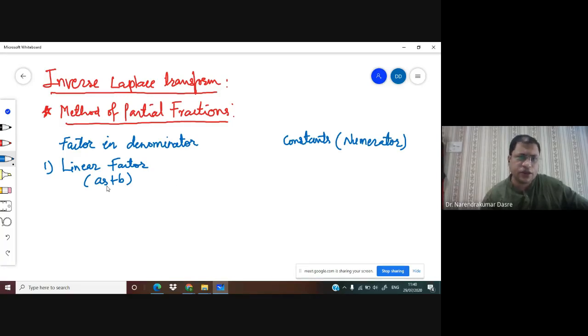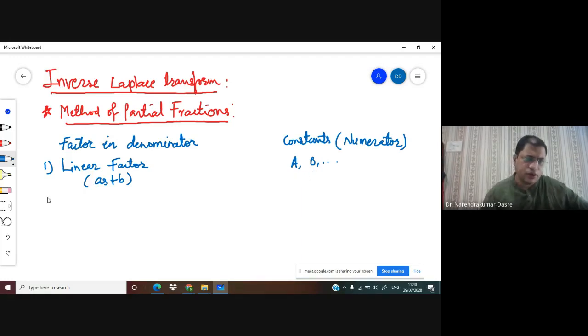So we have to be careful what kind of term we can have. We'll have a linear factor in the denominator, that is as plus b. Then the corresponding constant of the numerator can be a, b, and so on. For the number of linear factors, I will have that number of constants.